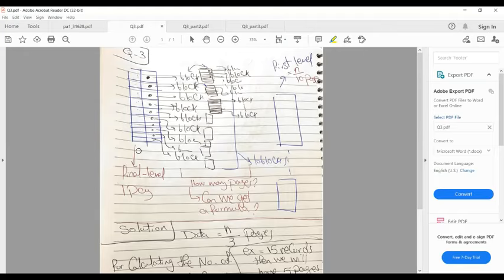If this final level consists of one page, how many pages does this level consist of? It will consist of 10 pages, 10 blocks. Why? Because every single entry in the final level refers to a block. So we have a total of 10 records, and in this second level we have 10 blocks.